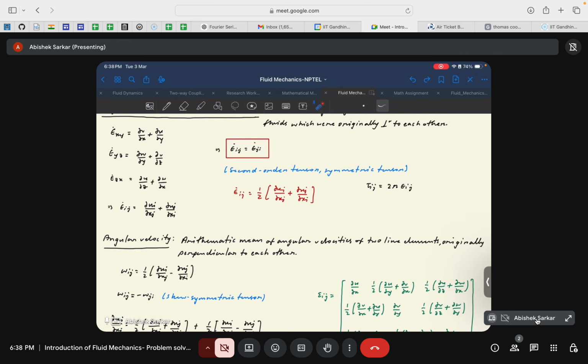Maybe for our course as well, we keep this factor of half. Or maybe what would be better is to properly write it so that the confusion is removed. So something like this, and multiply this with half.